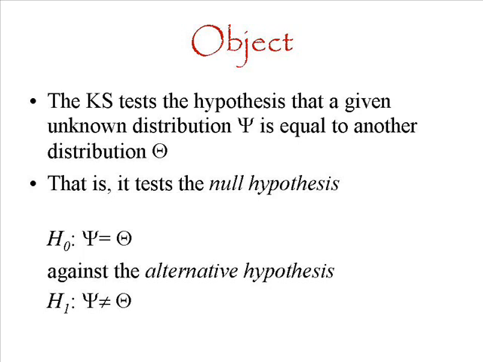That is, it tests the null hypothesis, H0, that capital phi is equal to capital omega, against the alternative hypothesis H1, that the two distribution functions are different. Basically, this is the test.